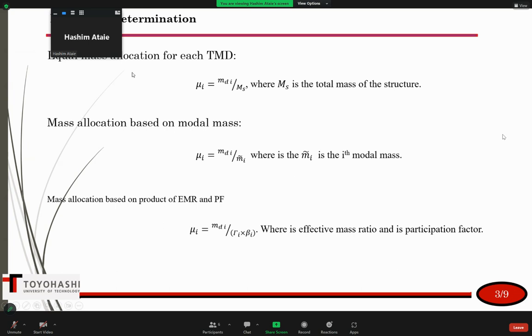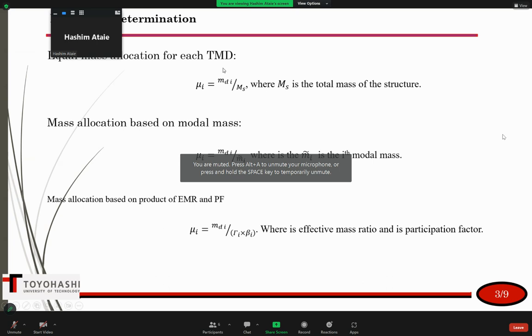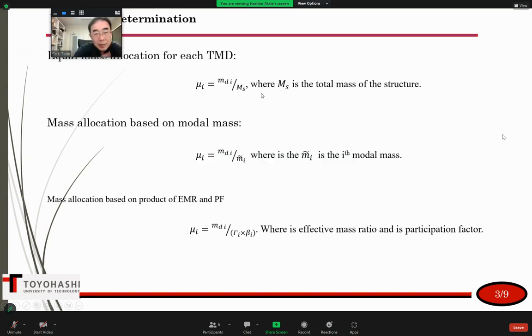So equal mass distribution of total TMD mass for each TMD. When mass distribution is done based on modal mass, the mass of each TMD is divided by each modal mass, because I read it in a paper.